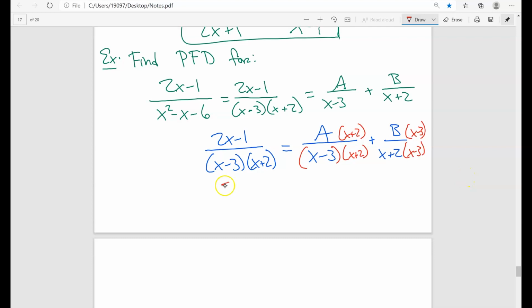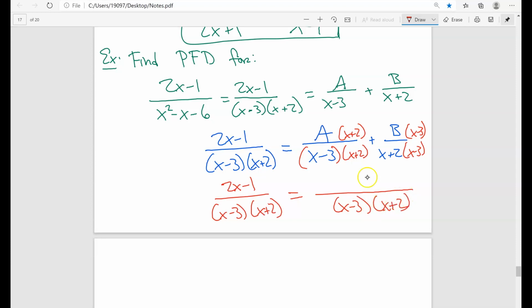So what you're going to end up with is 2x minus 1 over x minus 3, x plus 2. Now everything is over the same denominator, x minus 3, x plus 2, and then you have A times x plus 2 on this side, plus B times x minus 3 on this side.